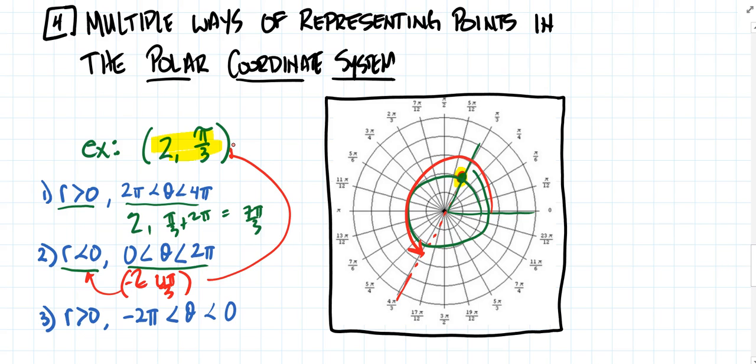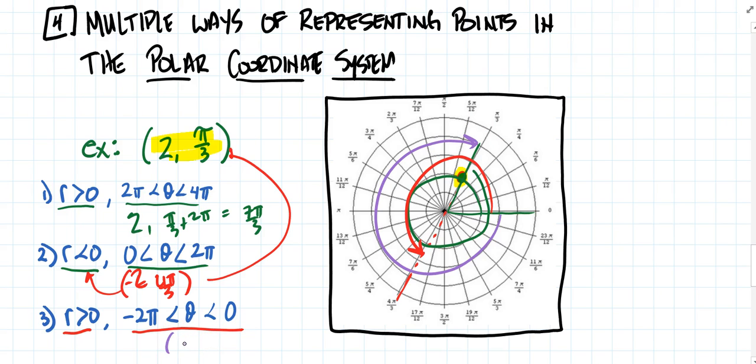And then finally, if I want my r value to be positive, but I want my angle to be somewhere between negative 2 pi and 0, then I can think about going this way, in this direction. I'll do this in purple for you. If I went in that direction, it would be pi over 3 minus 2 pi, which gives me negative 5 pi over 3.